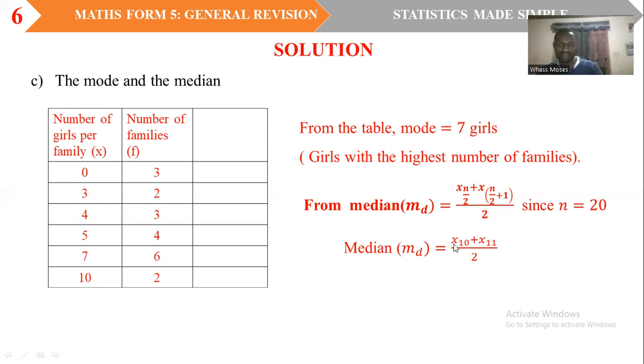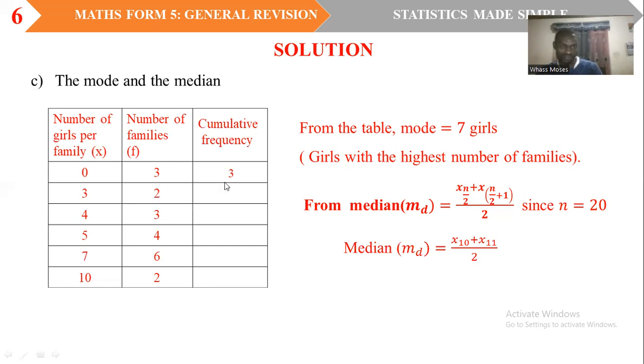Now, how do we obtain the score at position 10? One way to do that easily in this revision will be to go back to the frequency distribution table and come out with another column, the column for cumulative frequency. We obtain the cumulative frequencies at each level. The first frequency corresponds to the first cumulative frequency. The second frequency will be added to the first.